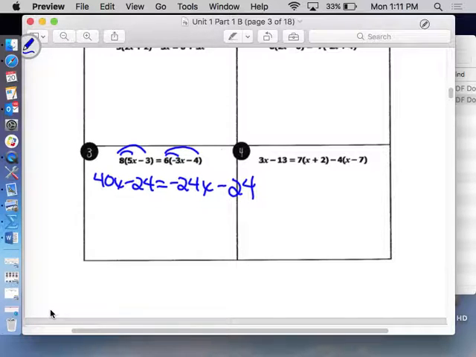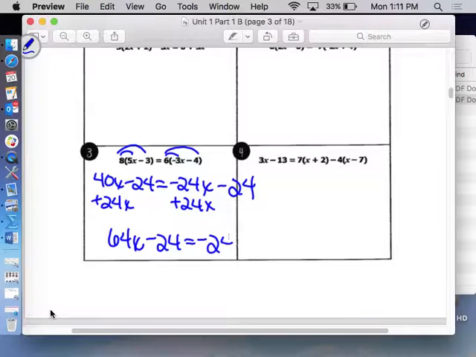And now I'm going to gather like terms. So let's see, if I add 24x to both sides, I have 64x and -24 equaling -24. So on the next step, I'm going to add 24 to both sides, and I end up with 64x equaling 0.